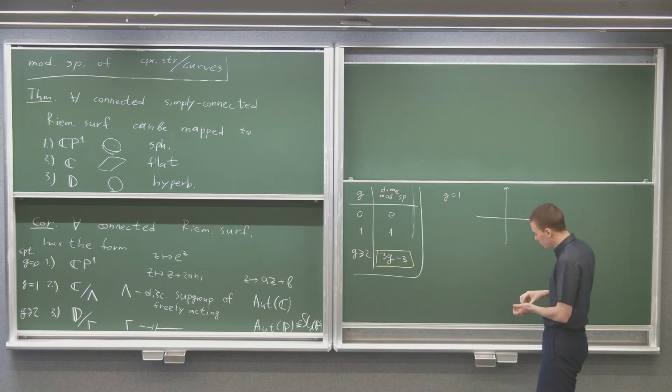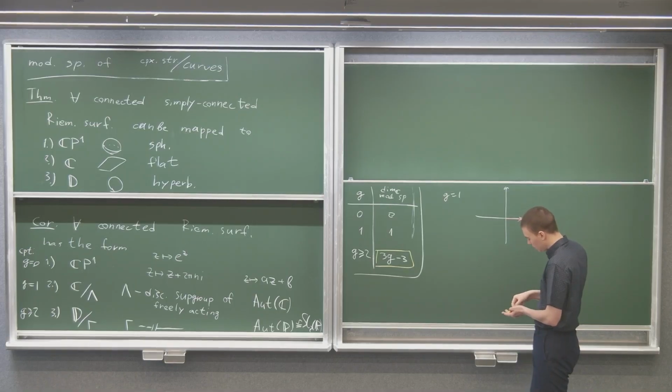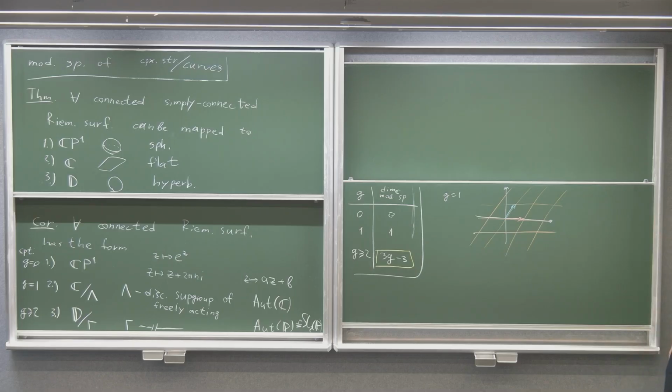Our lattice is like this, and clearly we have this kind of structure going on.